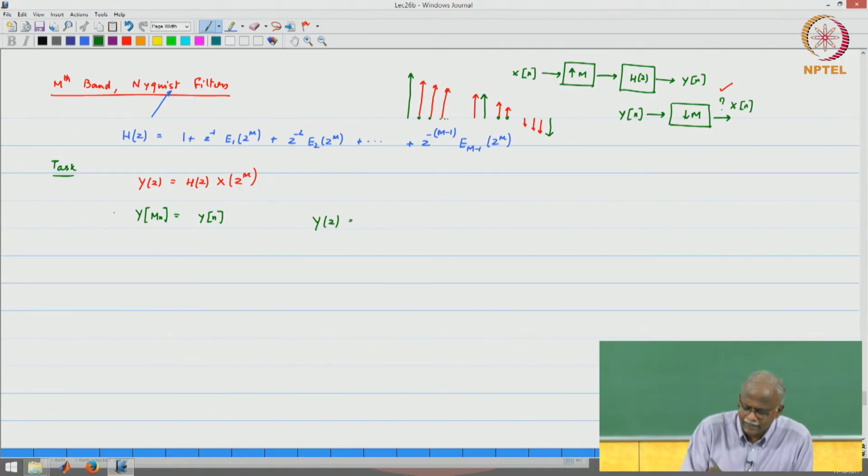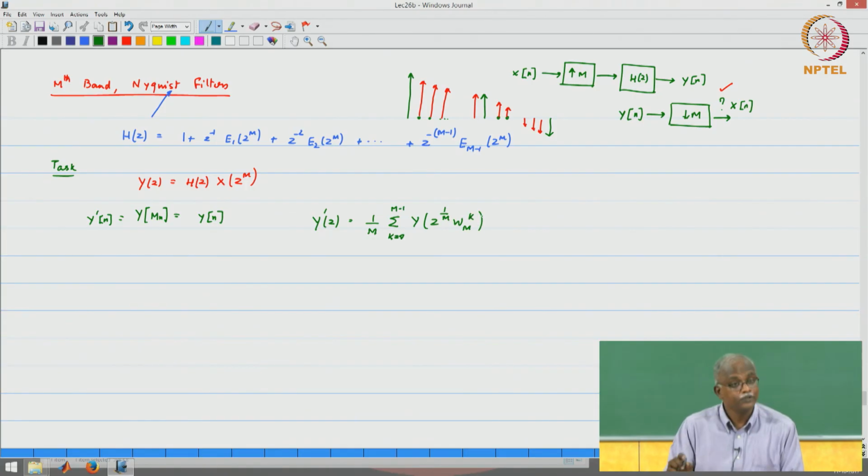So basically, let me call this y dash of n. So y dash of z is 1 over m summation k equal to 0 through m minus 1 y of z power 1 by m w m k, right? You have to do that. Now go in and substitute and show that this hangs together.